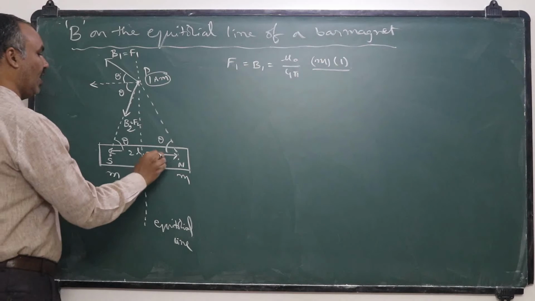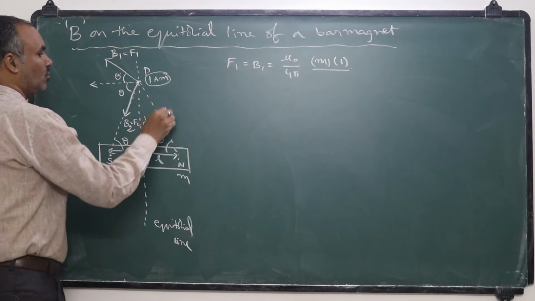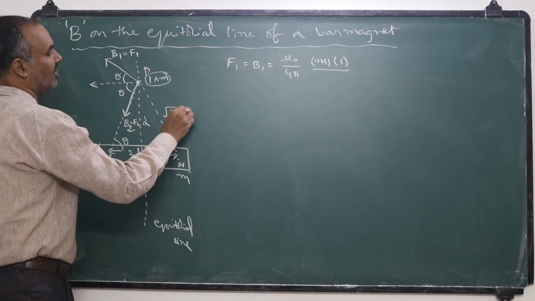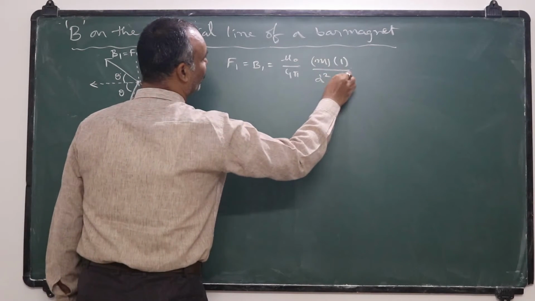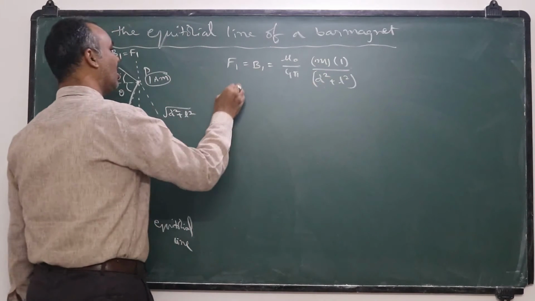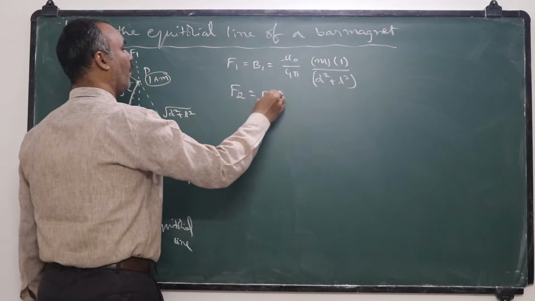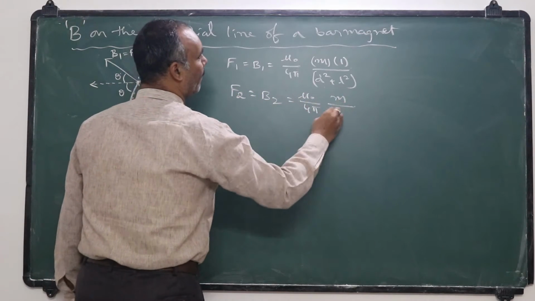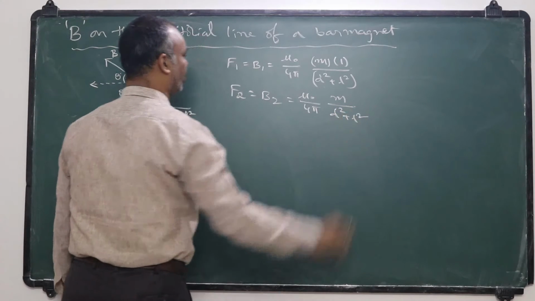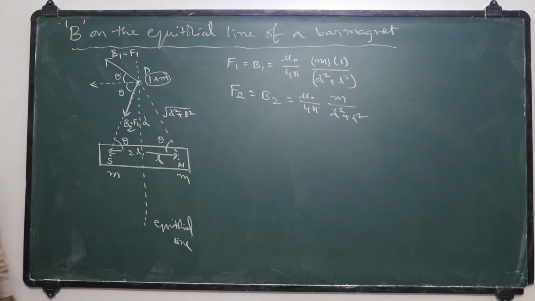This is L, this is D, so root over D square plus L square, whole squared, means D square plus L square is left over. Even if you calculate F2, nothing but B2, you get the same expression, mu naught by 4 pi m by D square plus L square. So F1 and F2 are the same in magnitude, but in direction they are different.